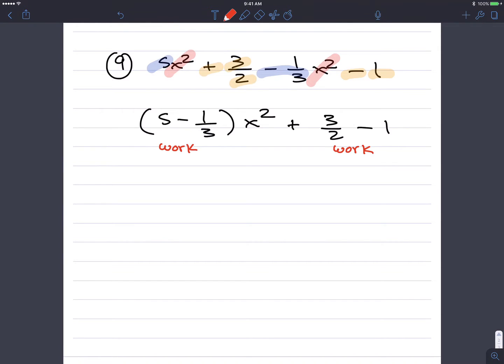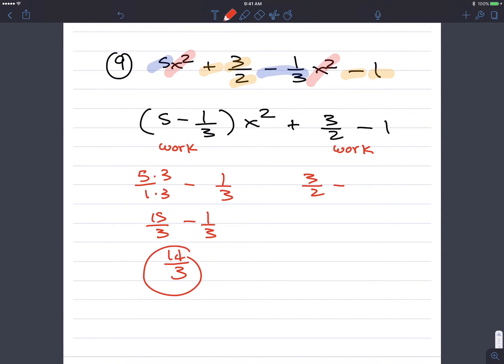So if we get to work, 5/1 minus 1/3, don't forget to multiply both by 3. 15/3 minus 1/3 gives me 14/3. That's my coefficient for the x squared. 3/2 minus 1/1, don't forget to multiply by 2 over here. 3/2 minus 2/2 is actually 1/2.